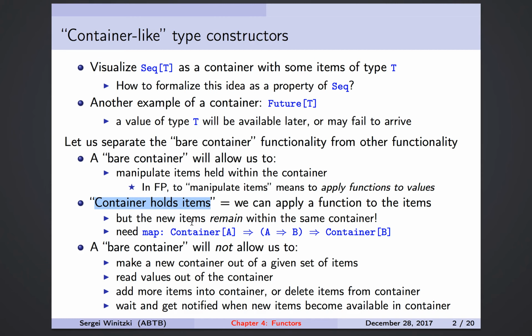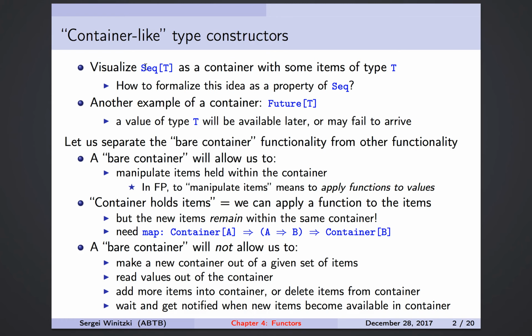So to make it formal, we write a function that takes a container with items of type A. It takes a function of type A to B, and it returns a new container with values of type B, where all the values that were held in the container here have been transformed through this function into values of type B, but they remain in the same kind of container, a container of the same shape.